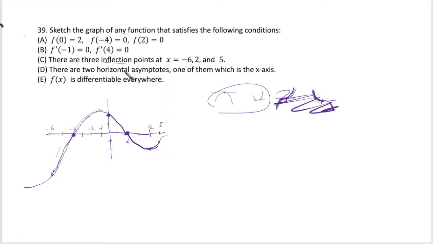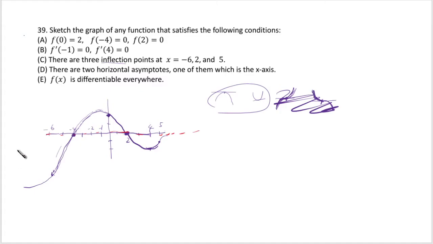Okay. Now there are 2 horizontal asymptotes. One of them is the x-axis. Okay, so the x-axis has to be a horizontal asymptote. So that means as this thing gets curved, this can't come back up to have this as the horizontal asymptote, because if it goes up, I guess it's possible.